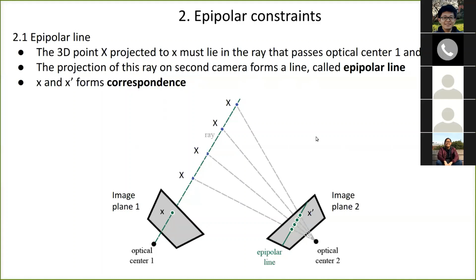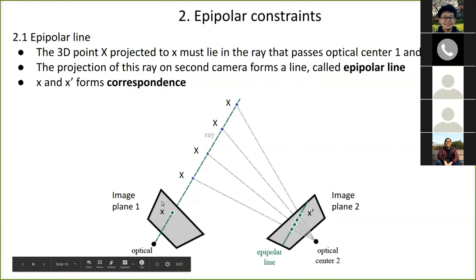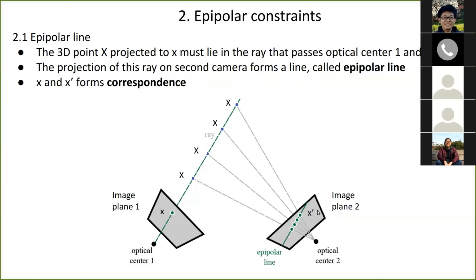These two frames can be coexistent. So maybe this one is the frame that we take at time step t, and this image could be taken at time step t+1. So this could be two continuous frames, or they could be taken at the same time.